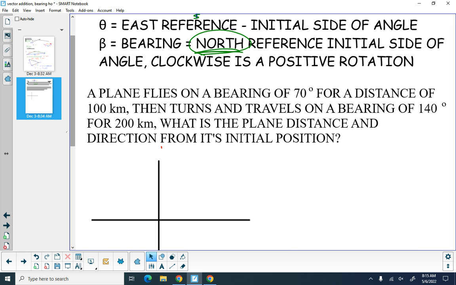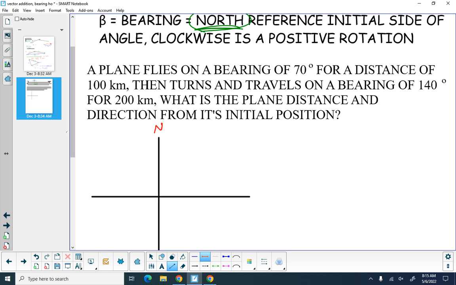A plane travels on the bearing of 70 degrees for a distance of 100 kilometers and turns on a bearing of 140 degrees for 200 kilometers. What's the plane's distance and direction from the initial position? Here is our north. This is a bearing of 0.